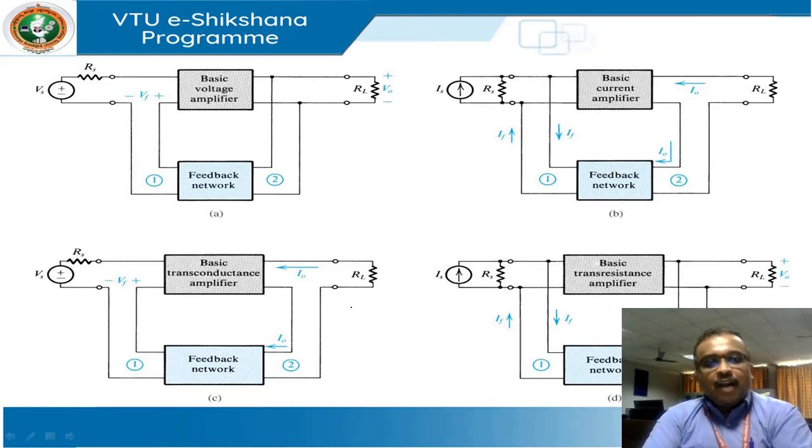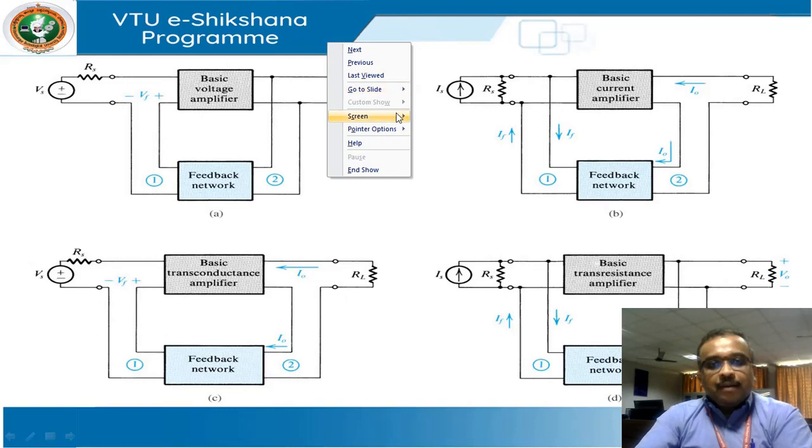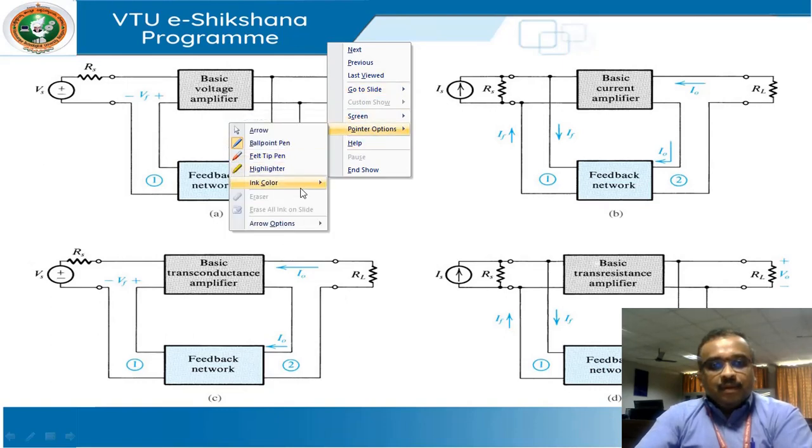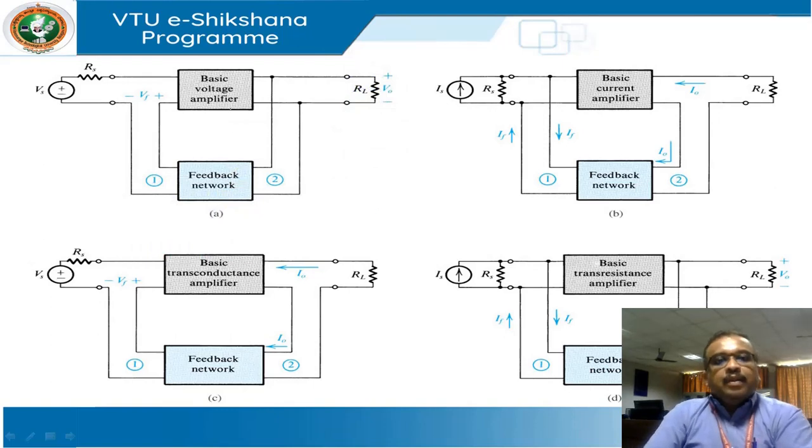Now we shall try to name these, because I have not indicated the names purposefully. Looking at these blocks, we shall try to name them. Let me use a different ink for that, probably a blue one. First we have A, which is a basic voltage amplifier. In a voltage amplifier, you will have the input voltage and the output voltage.